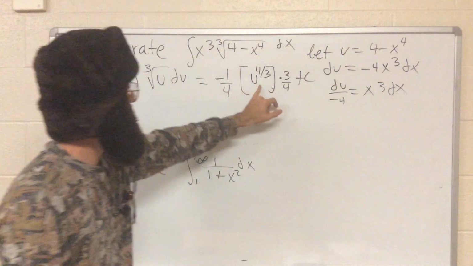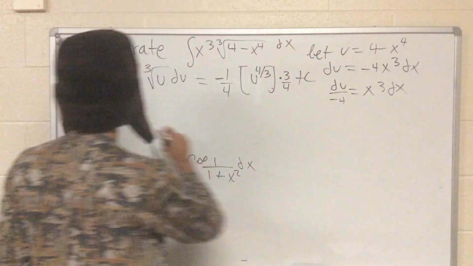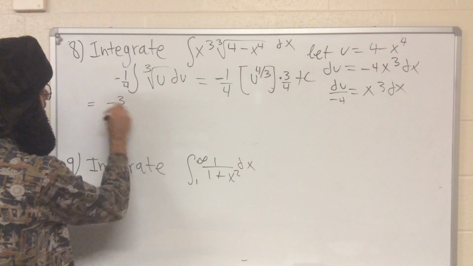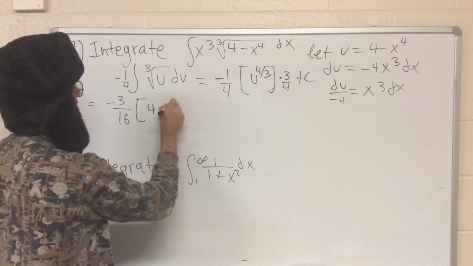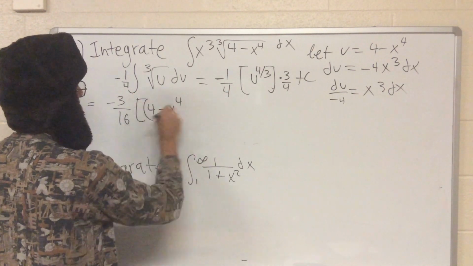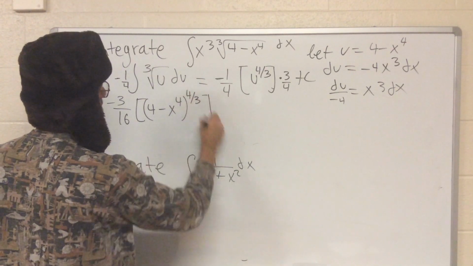So right over here, we can substitute, and then let's see what happens. 4 times 4 is 16, so we have that this is minus 3 over 16 times u, which will be 4 minus x to the 4th power, to the power of 4/3, plus c.